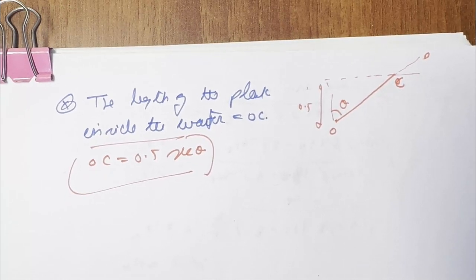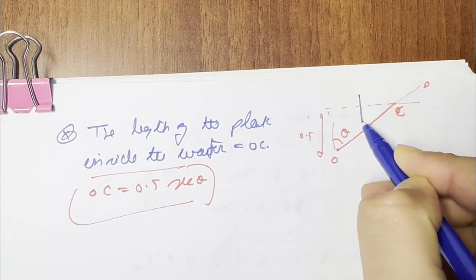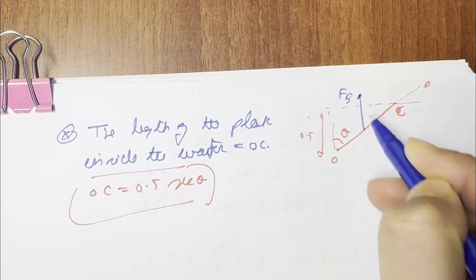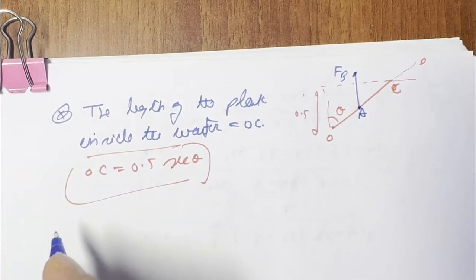So based on this length, we can find out what will be the value of the buoyant force that will be acting at point A. So we have this buoyant force, and this is point A. So we can find out what will be its value.